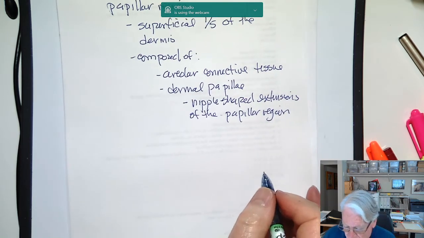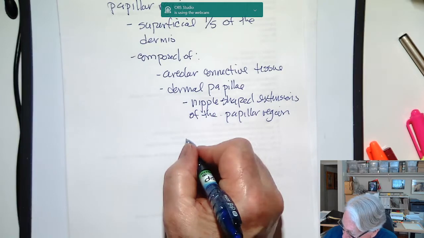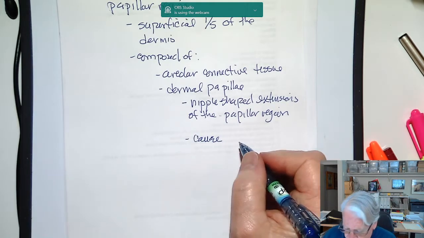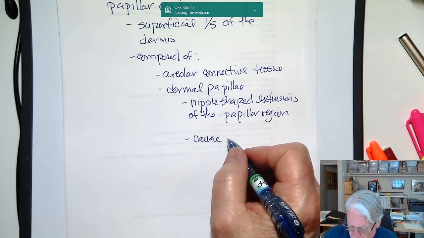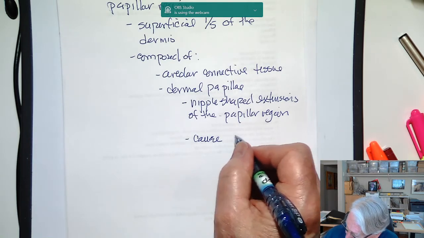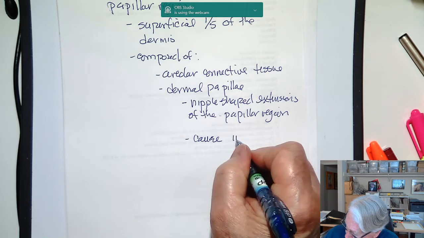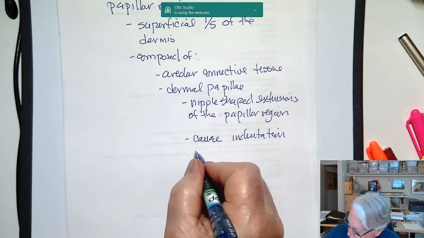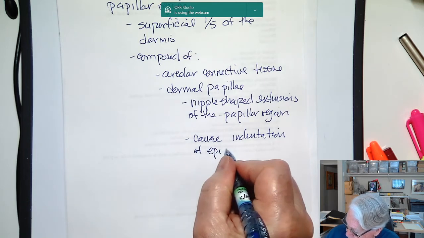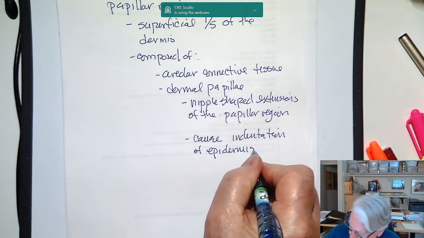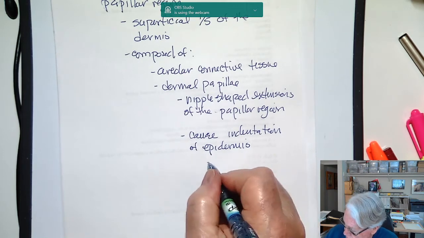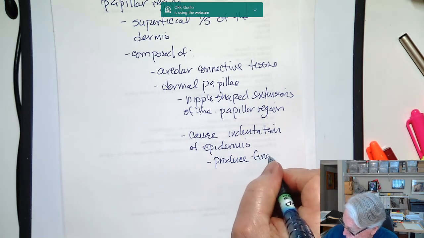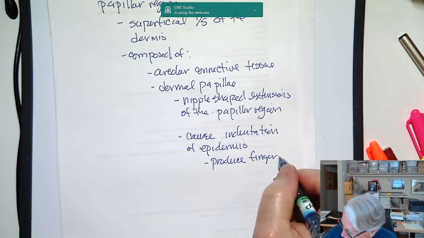And what they do is they cause dents, or indentation, of the epidermis, which then produce the fingerprints that everybody is aware of.